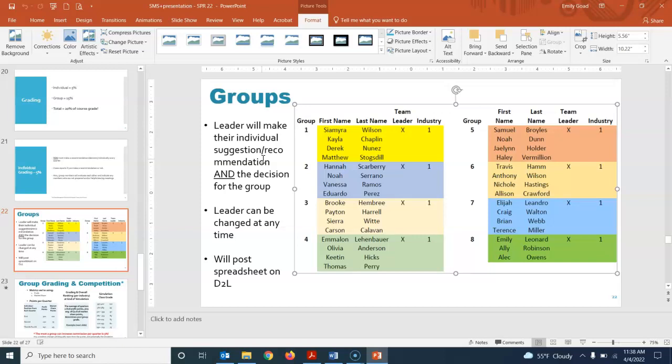I randomly put together groups and randomly chose the leaders. If you don't want to be a leader, or your group is having trouble with the leader making decisions or being available, I can change the leader at any time. I'll post this spreadsheet with the corrected industries.